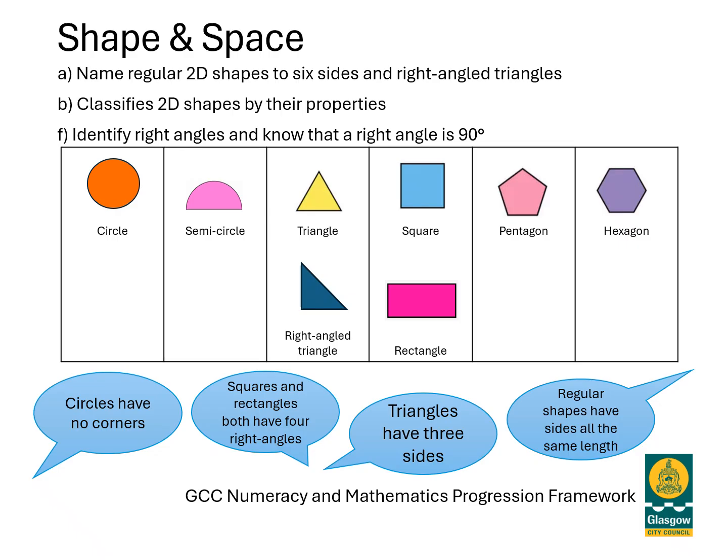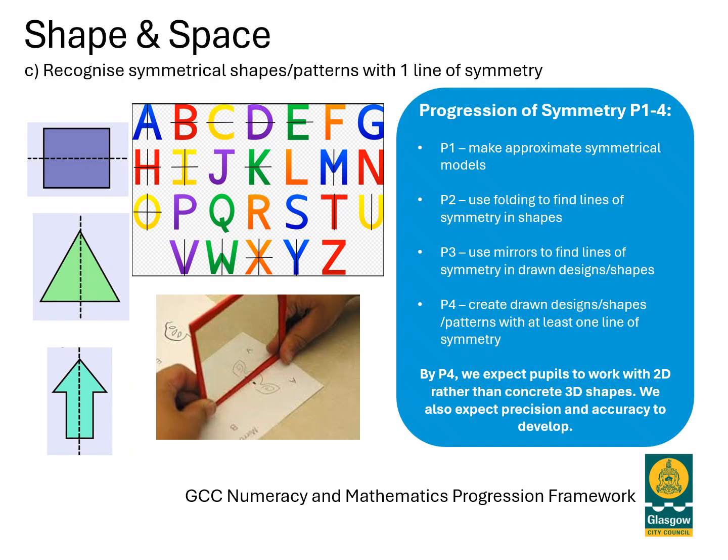Okay. And moving on from that, we are also looking at symmetry. And really at this stage, and up to primary 4, we're just interested in one line of symmetry, but the progression in the blue box there is just showing how we're moving from concrete, even physical 3D type models, where in primary 1 we might be making symmetrical blocks with symmetrical models with building blocks, or making butterfly pictures and that sort of thing, and then moving up through the primary stages.